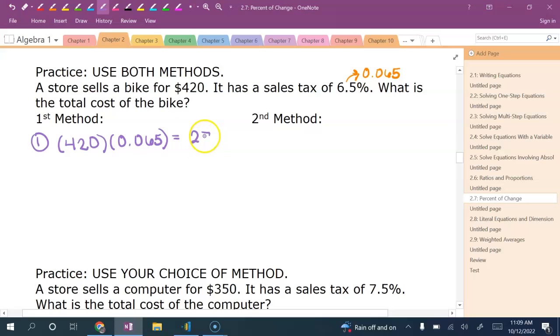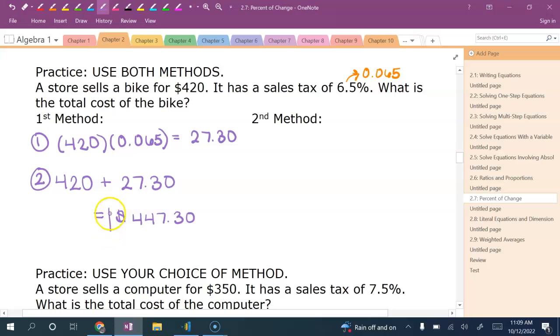And this will give me 27.30. So $27.30 is what I have to pay extra. So then I take the cost of the bike, $420, and I add on the $27.30 to get a new total of $447.30.